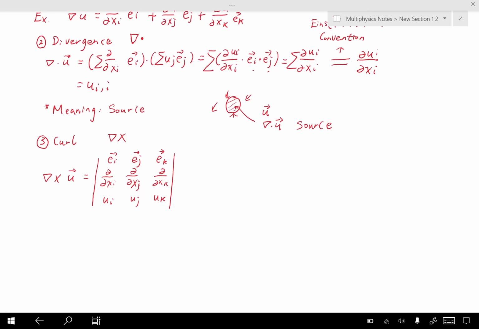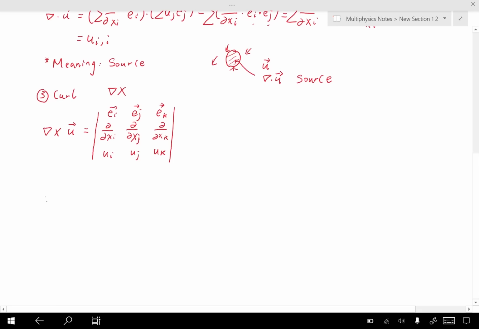And another thing, even more complicated, is called Laplacian. Laplacian is defined as the divergence of a gradient. And here u can be a scalar or a vector. So let's talk about the simplest one, when u is a scalar.